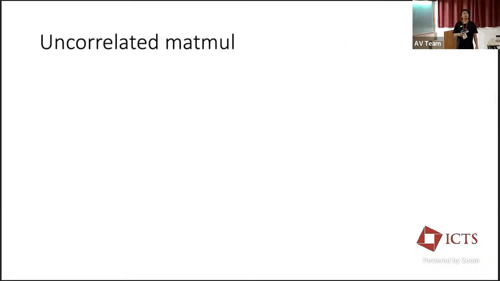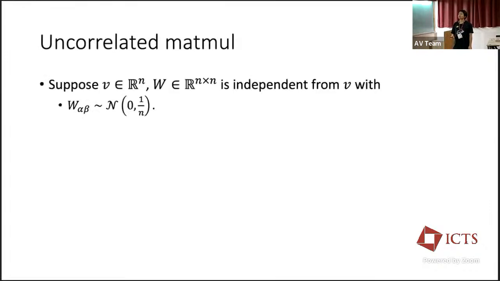So as a warm up, let's first tackle what's very straightforward and elementary, which is when you don't have correlations. Consider this cute warm up problem where you have a vector v of dimension n, and then W is a matrix of dimension n by n, and suppose they're independent, where W has entries that are Gaussian with variance 1 over n.